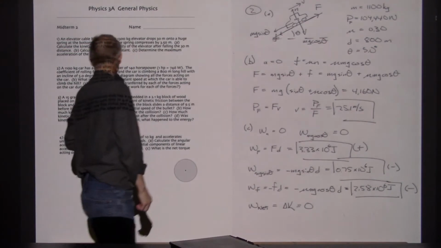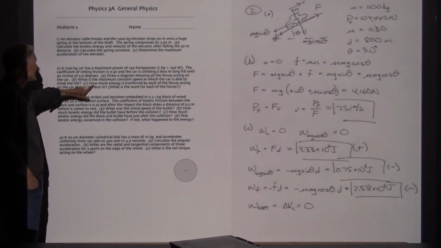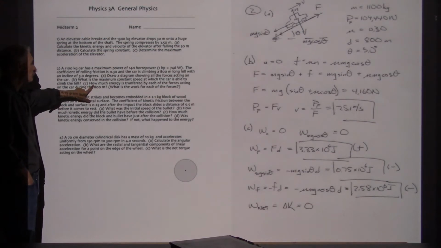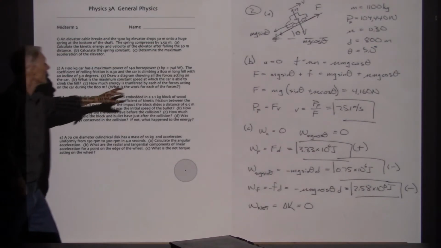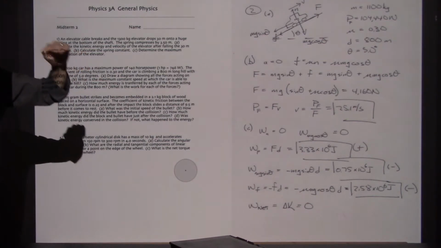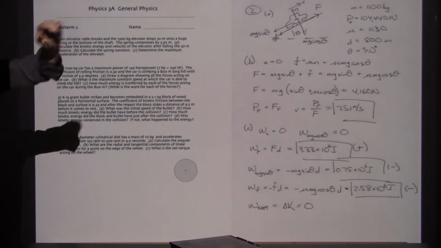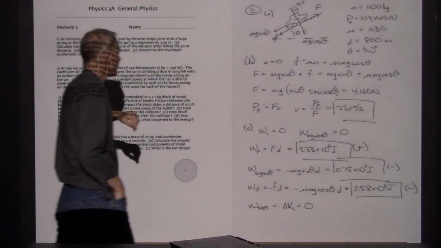All right, that's it. That's part B. And so C says, now how much energy has been transferred by each of the forces acting on the car during the 800 meters. So it's an 800 meter hill, not height-wise, but length. So we have to travel 800 meters to get to the top of the hill.